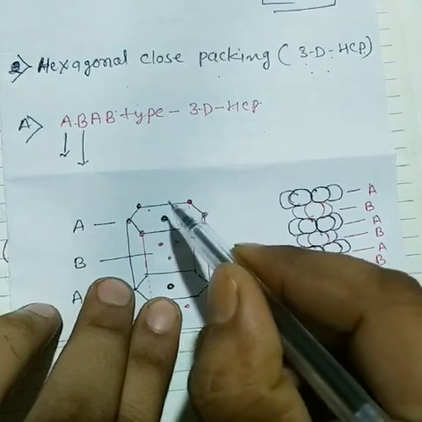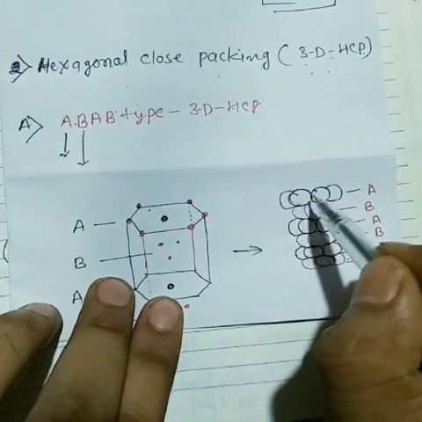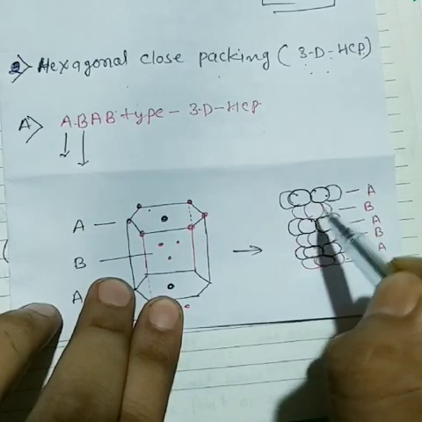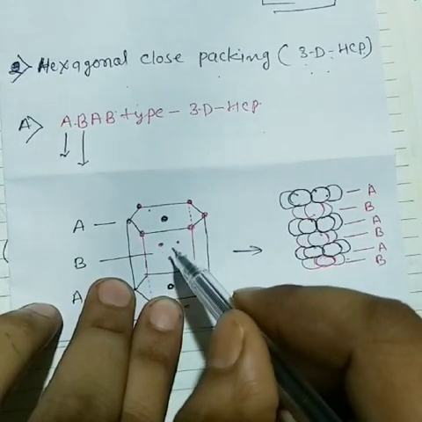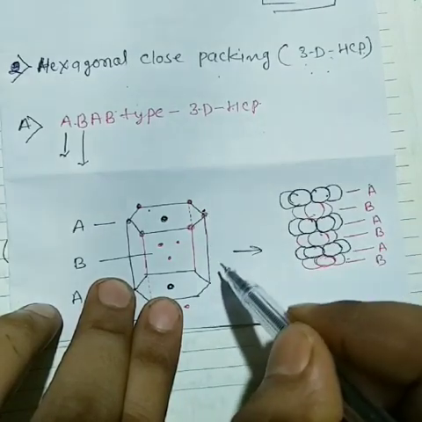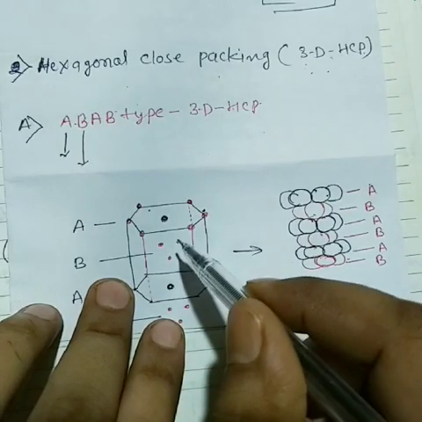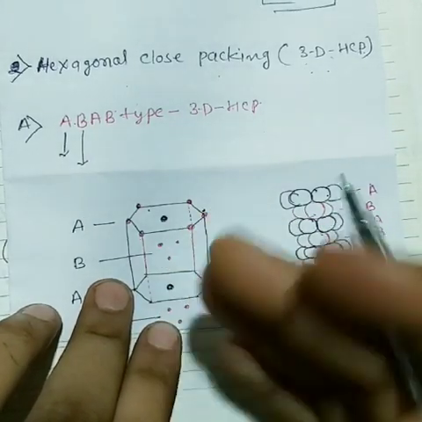Just look here, it has 6 atoms. In another arrangement the atoms repeat after 3 atoms. Similarly, this atom also has an apex toward the front side.